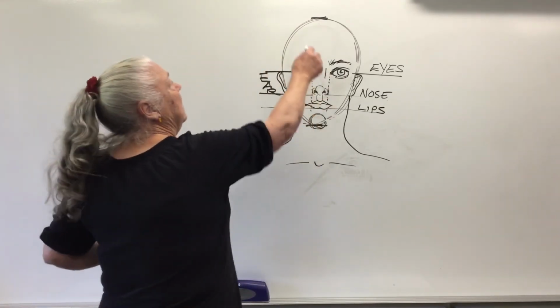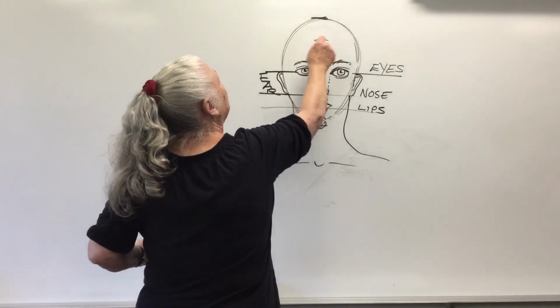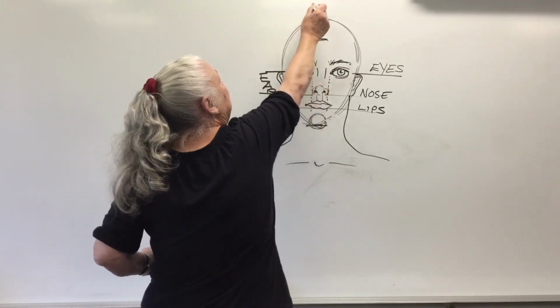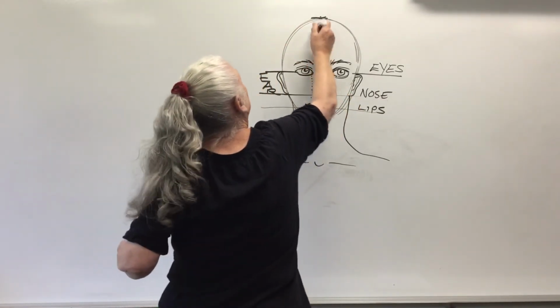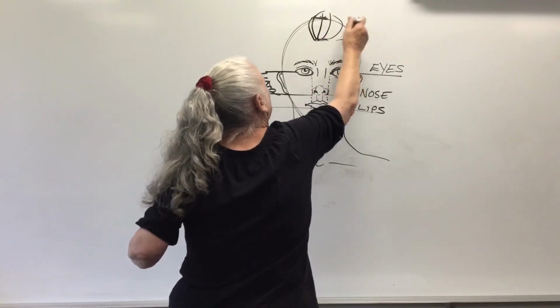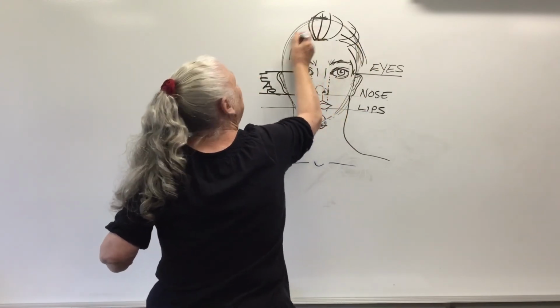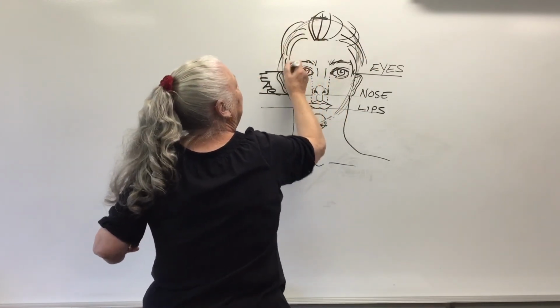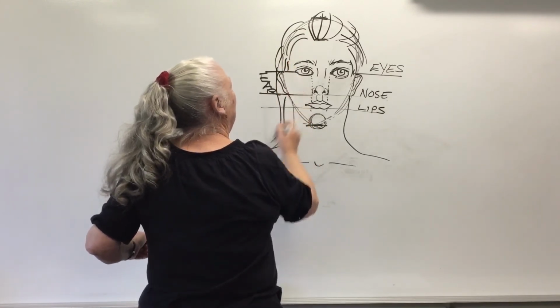Our hairline, depending on how old you are usually, starts right about here. It doesn't start on top of the head. It starts here. It could go this way, or your hair can come down this way. Depends on what sort of a hairdo you have. Whether you have short hair or long hair.